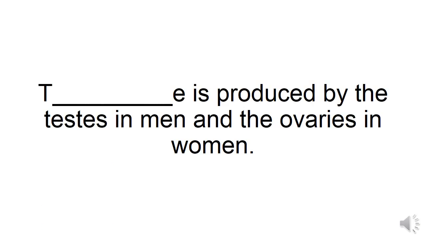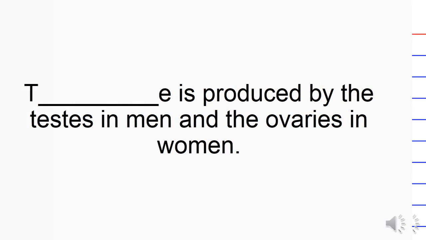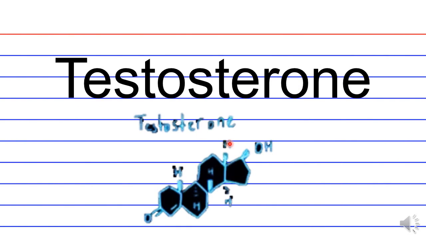T blank E is produced by the testes in men and the ovaries in women. So I'm sure you can guess again what this is. All right, here we have it again.